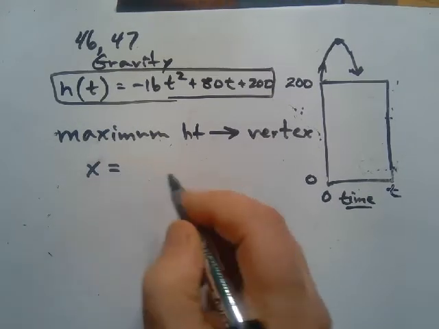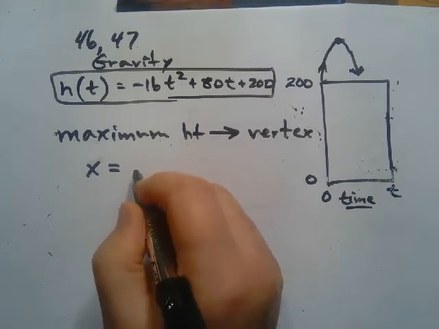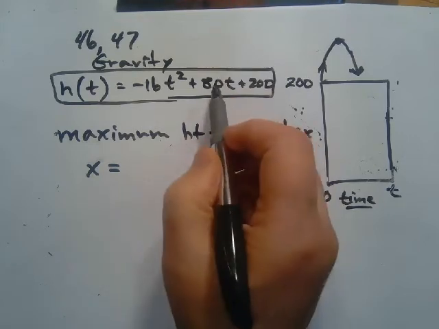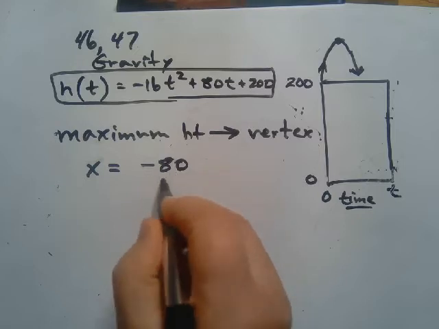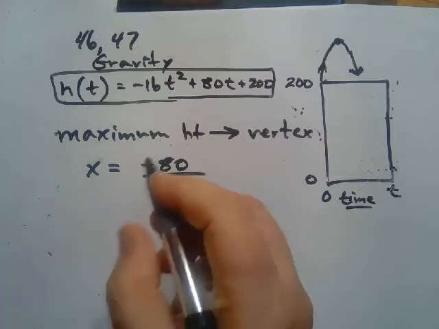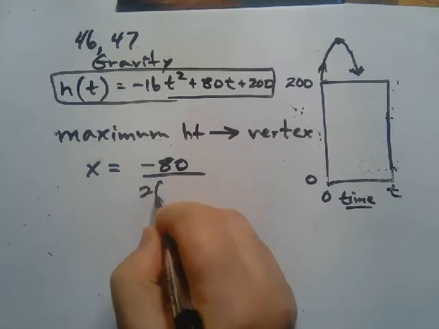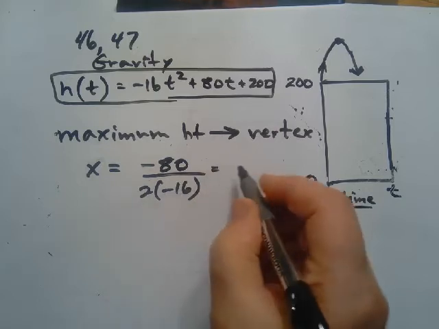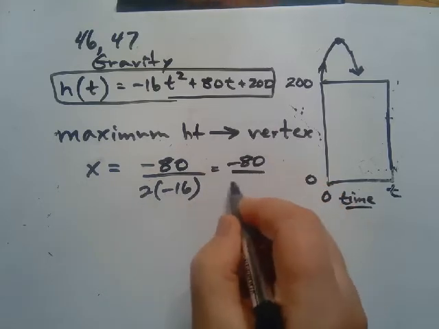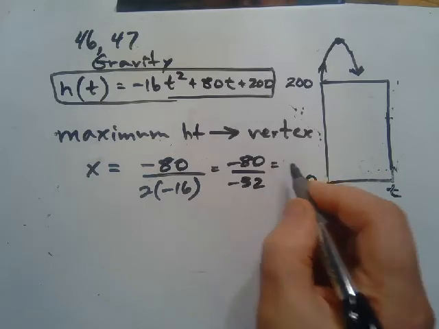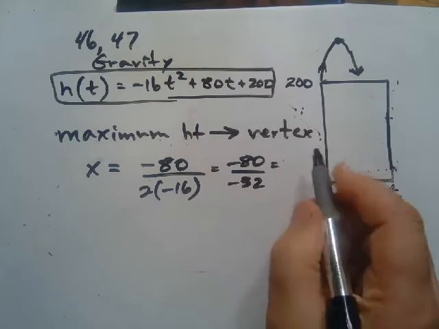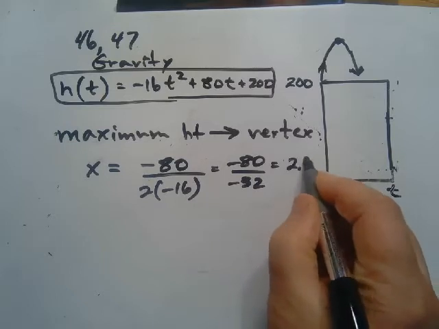So here we go. The vertex is negative b, so that would be a negative 80 over 2 times a, 2 times a negative 16. That's negative 80 over a negative 32. And we end up with positive 2.5 seconds.